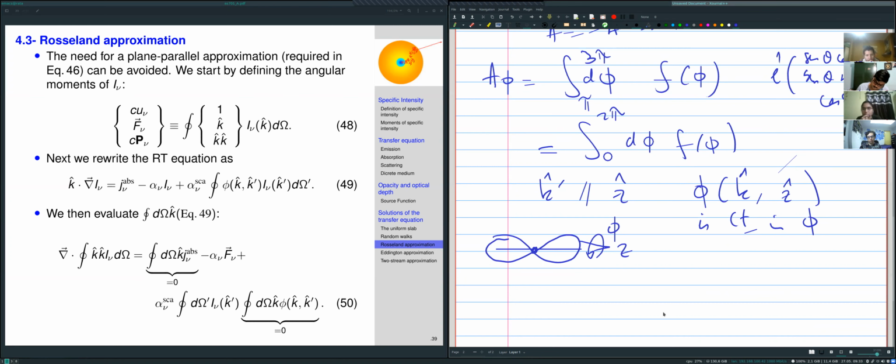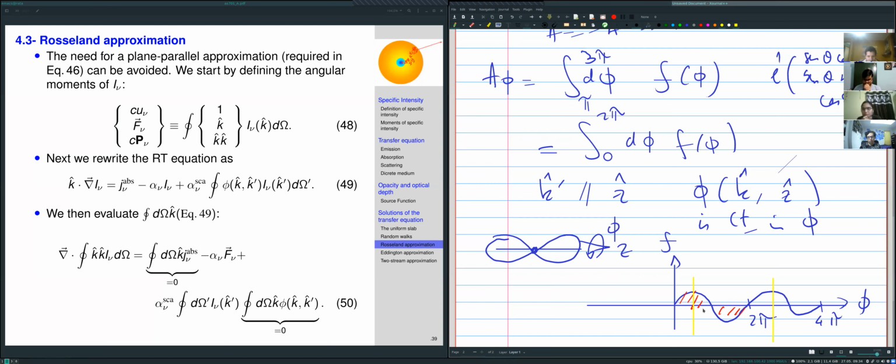But I think that this is still true, because if I were to plot this function f as a function of phi, we could have say something like this. Let me try it. Put this here 2 pi, and then here I have 4 pi. Okay, so as long as this is periodic, I can always, what I mean to say is that this integral, well, in this case is 0, but it's the same as starting from midway through.